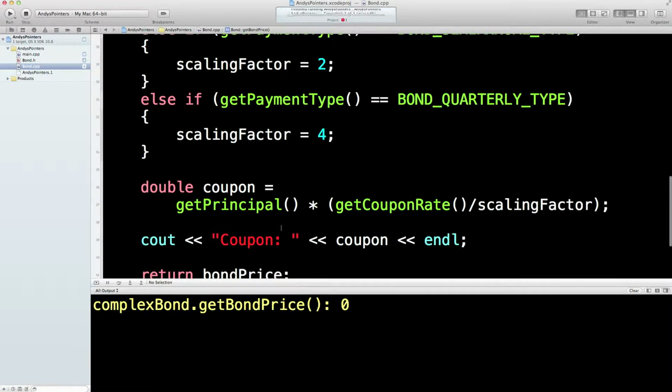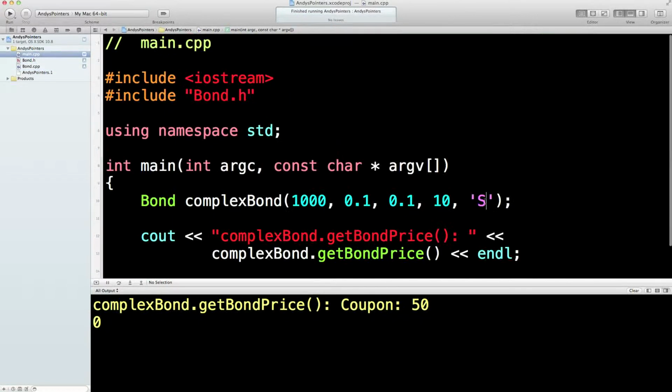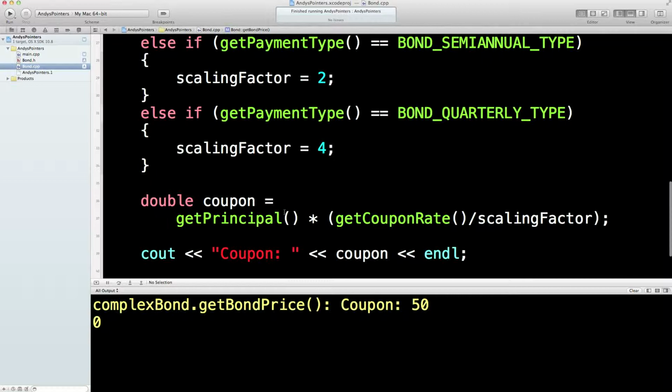Is it $50? Lovely, it's $50. And again, if I make it an annual coupon, should come out as $100, 10% on $1,000. And if I make it quarterly, should come out as, was that 25? But I'll stick with semi-annual because that's the kind of vanilla standard bond. Okay, let's move on, keep moving.